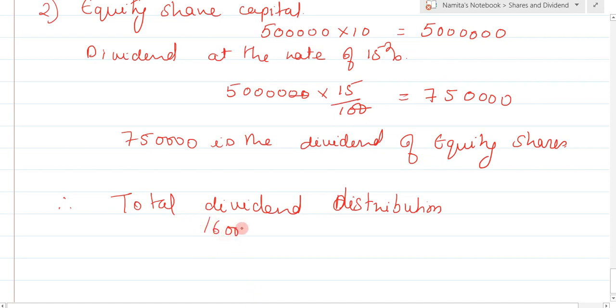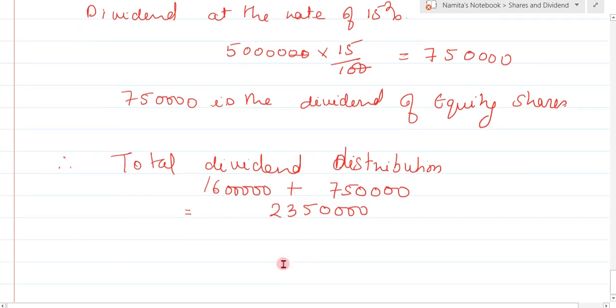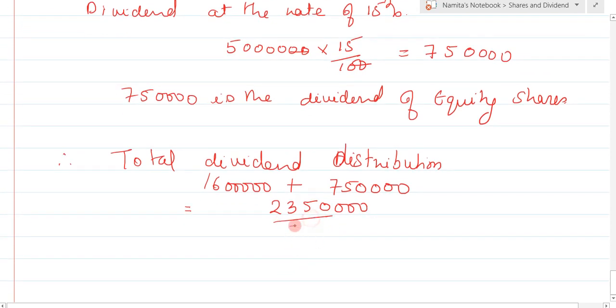So 16 lakh plus 7,50,000 is equals to 23,50,000. So this is the total dividend the company distributed.